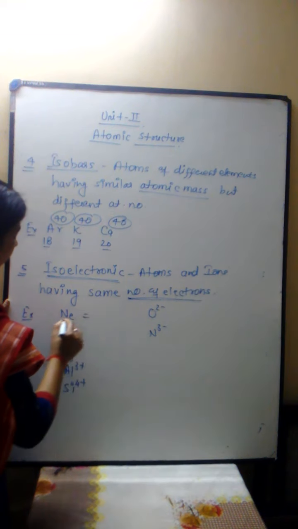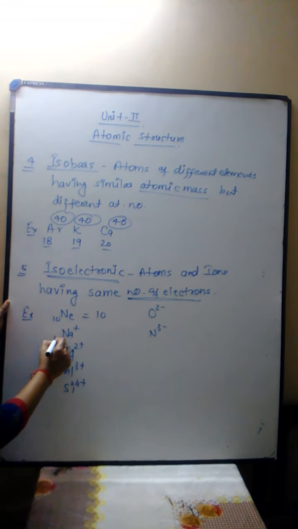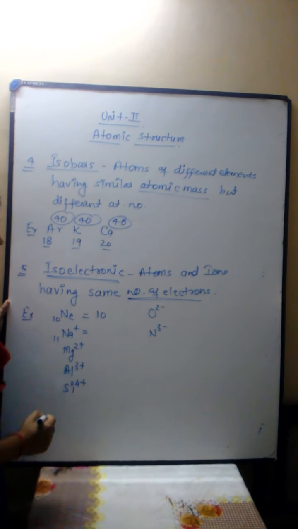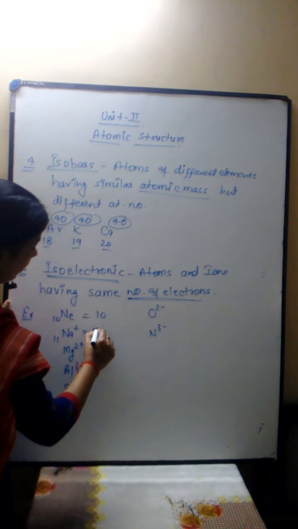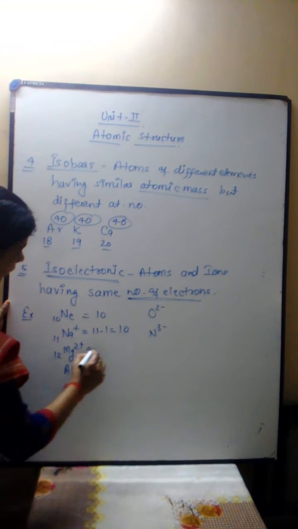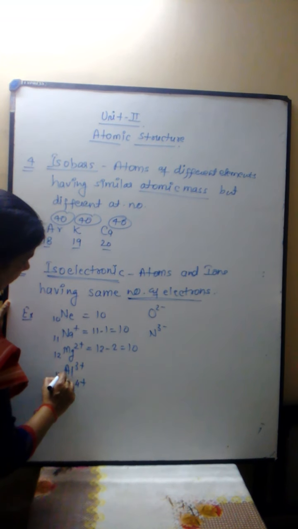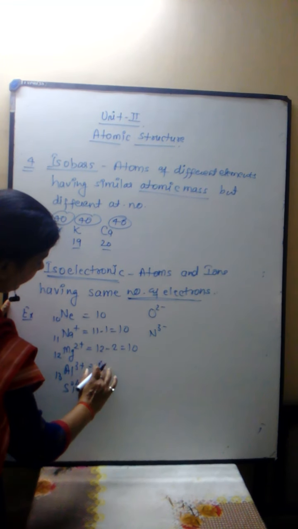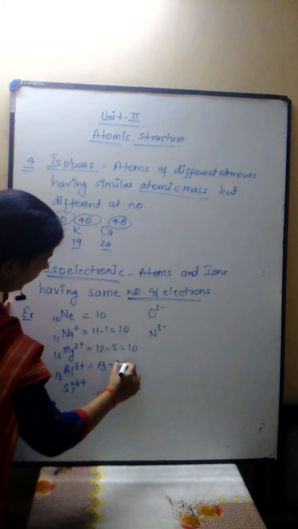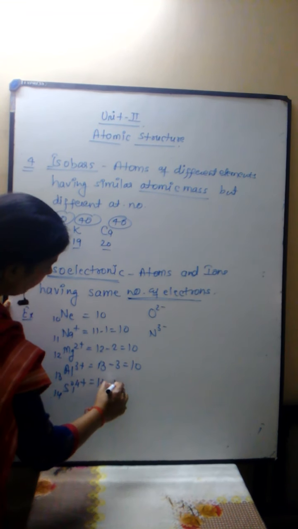Neon's atomic number is 10, so it contains 10 electrons. Sodium atomic number 11, the positive charge comes from the loss of an electron, so 11 minus 1 is 10. Magnesium atomic number 12, minus 2 electrons, 10. Aluminium 13, 13 minus 3. Silicon atomic number 14, minus 4, 10.